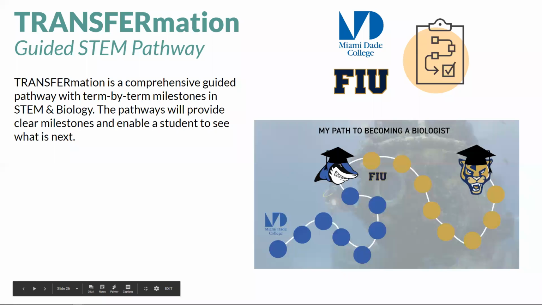Absolutely. Good afternoon, everybody. This is Janie. Let me offer some context around how we ended up with this idea of transformation. So FIU and MDC have had a very long-standing relationship as community college and college partners. And we have about 4,200 students a year who transition from Miami-Dade to FIU.